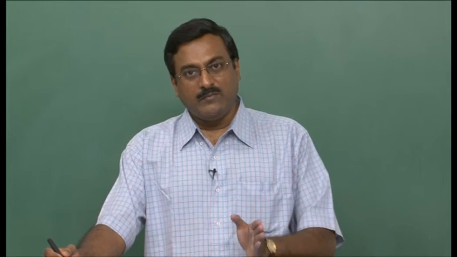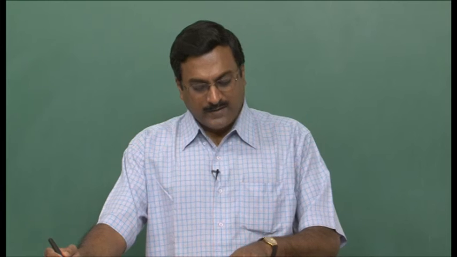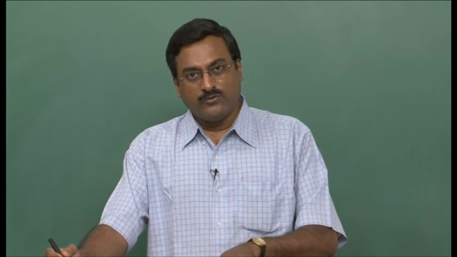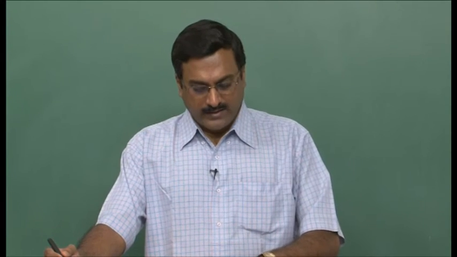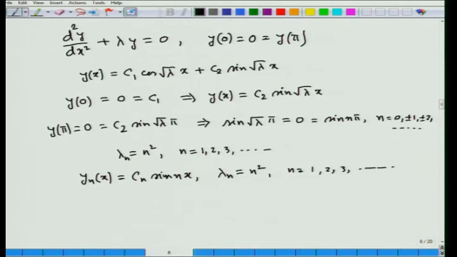That means a solution can be obtained whenever lambda is equal to some n square, n taking the values 1, 2, 3 and so on, and for a particular choice of lambda we will be having the corresponding solution of the form sin(nx), and actually here the solution is linearly dependent, that is a scalar multiple of sin(nx).